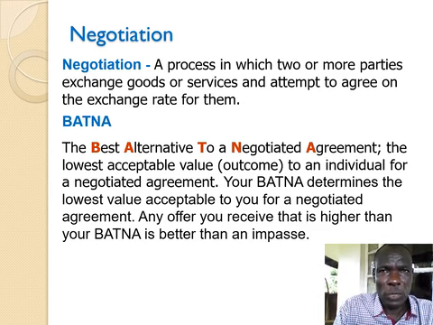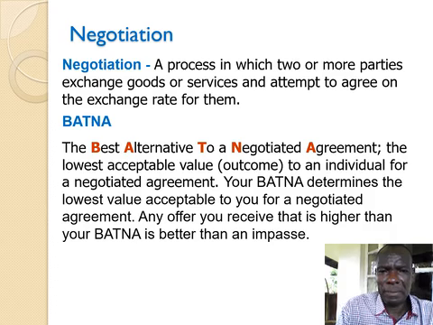But when you get anything above 200, you will know that you have got more than what you expected. So your BATNA determines the lowest value acceptable to you for a negotiated agreement. Any offer you receive that is higher than your BATNA is better than an impasse.